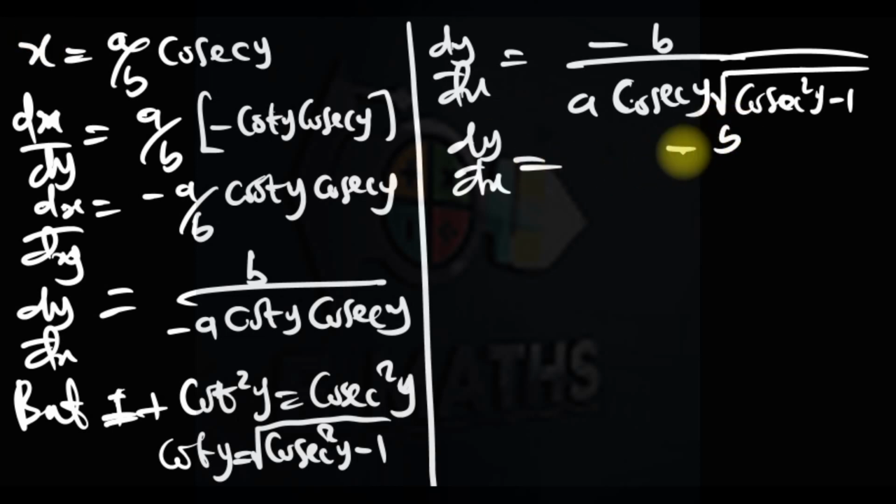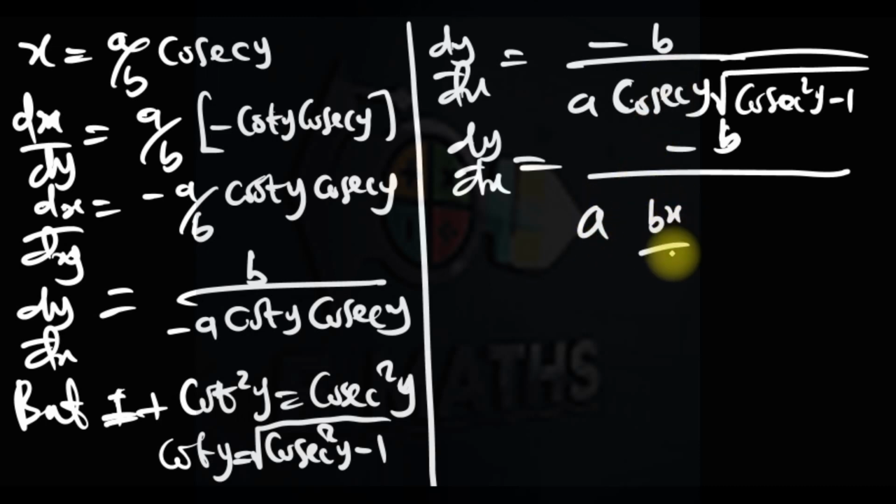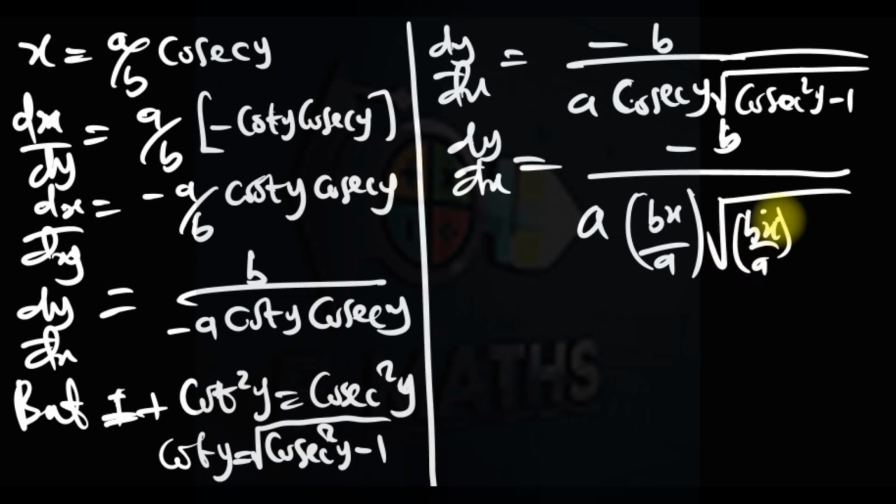So I have minus b over a times cosec, which is bx over a, times the square root of bx over a all squared minus 1.